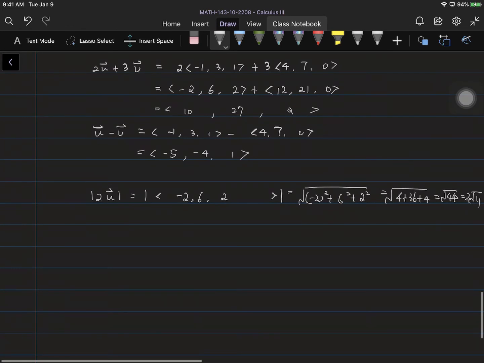So that's just a calculation of the vectors. And now let's take a look at properties of vector operations. We can give it by theorem. Okay. Properties of vector operations.